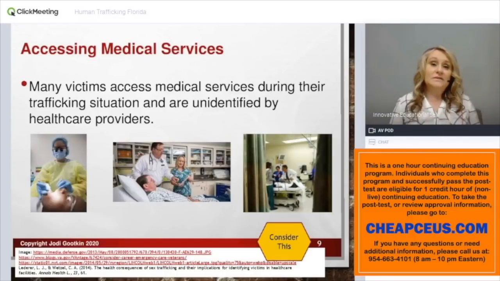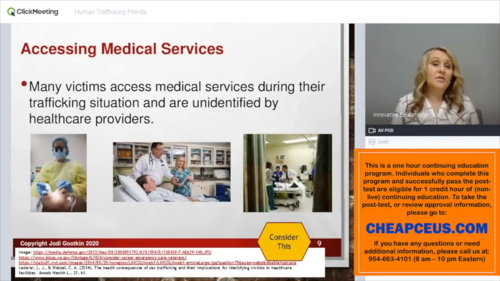There was a study in 2014, and of the individuals that they identified in that particular study related to human trafficking, 87.8% of them had accessed medical services at some point when they were being trafficked. The most common places where these individuals are taken to receive care are emergency rooms, urgent care centers, Planned Parenthood. Often it'll be facilities also where it's a cash type of basis and insurance is not being utilized.